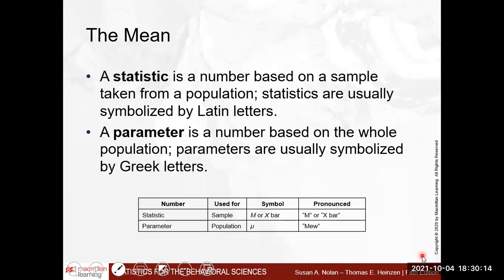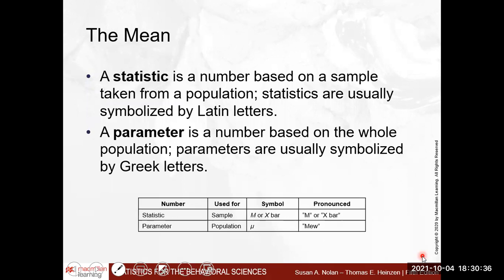So in a population, you go for a mu that stands for your population mean, or later we're going to talk about a sigma for the variability, but here it's a mu. So this is the Greek letter mu.